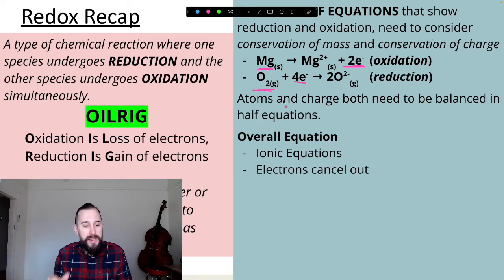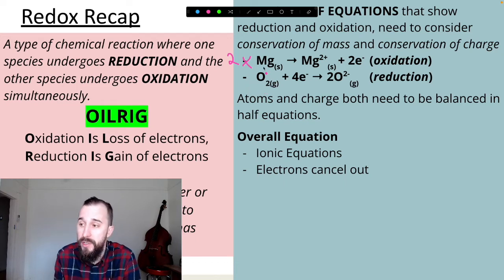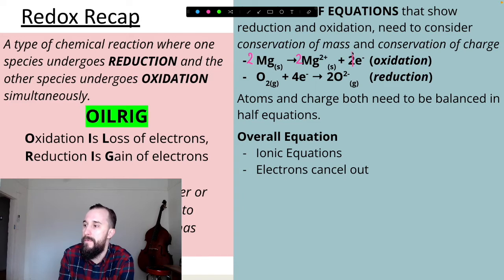So we've got to balance the electrons in the half equations. So that means that this equation has to essentially happen twice for every one time that the oxygen reduction occurs. So we'll have to multiply this by 2. So 2, 2, and then 4.